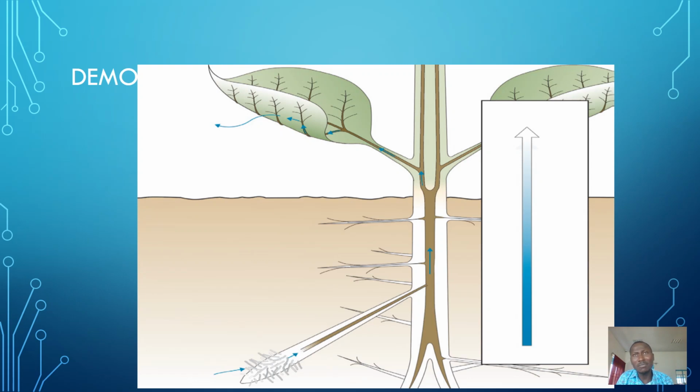Therefore, all these processes, capillarity, adhesion, cohesion tension, and transpiration pull, are physical processes enabling transportation of water, and the transpiration pull contributes to the movement of water up a tall plant, like beyond 6 meters.